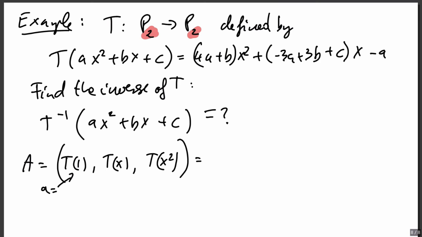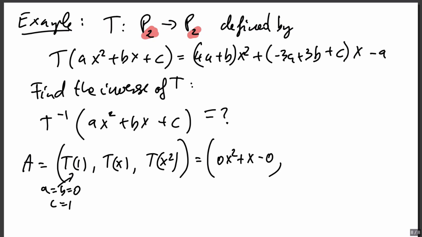So a equals b equals 0 and c equals 1. What we get here is 0x squared plus x minus 0.